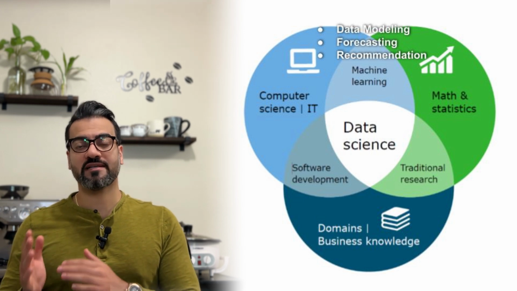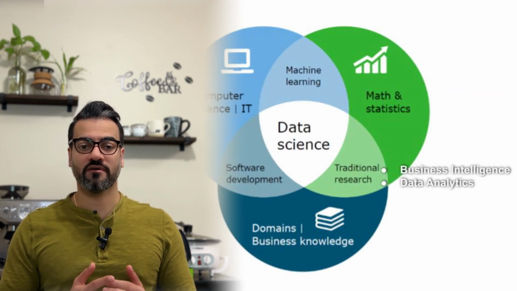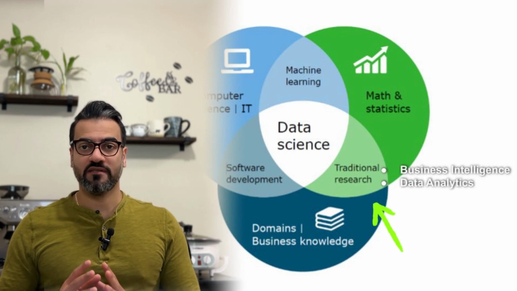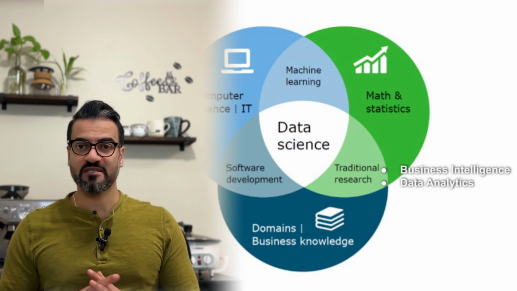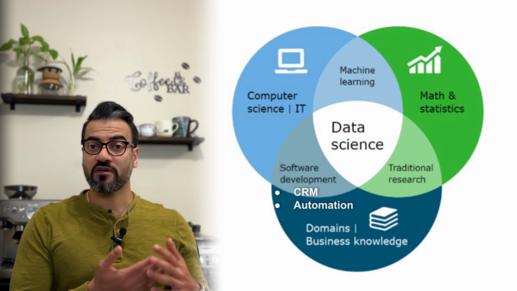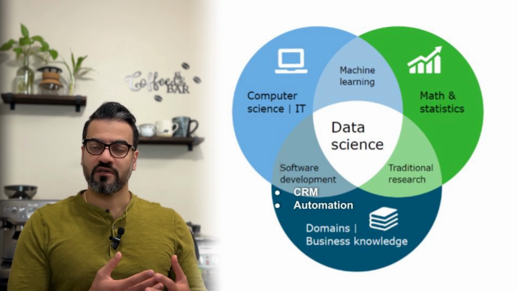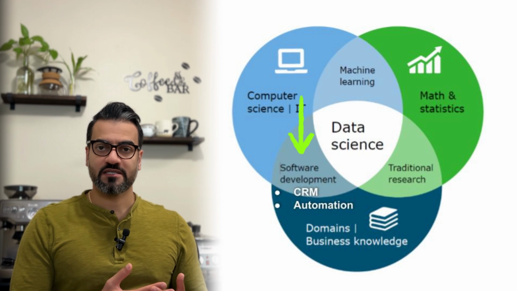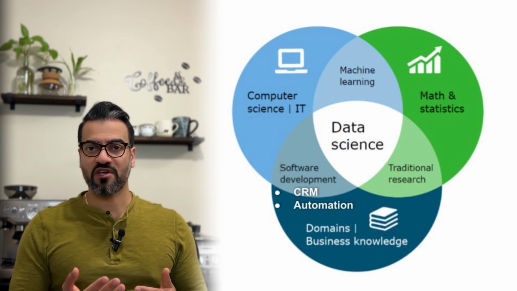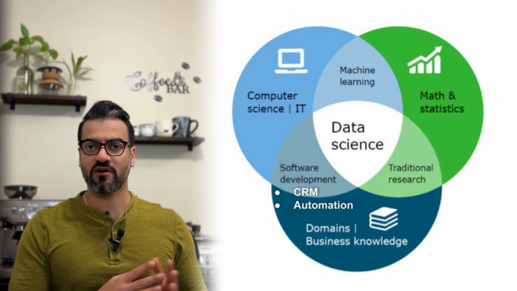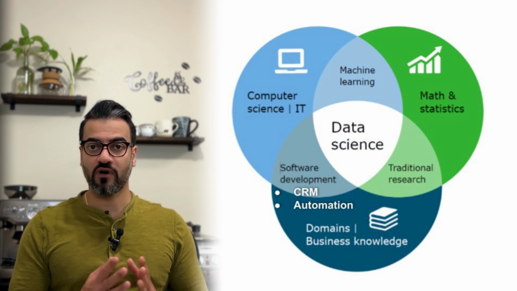And when you combine statistics with your business knowledge, you have data modeling for business optimizations. When you combine software engineering with business knowledge, you have more traditional internal systems like CRMs and automation for automating workflow, where you only use software and logic-based algorithms to automate.